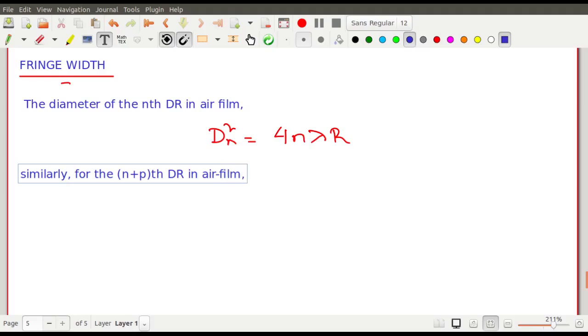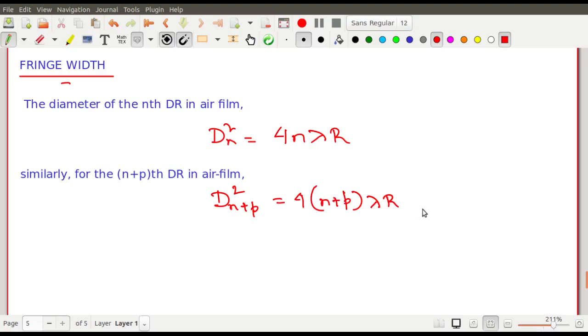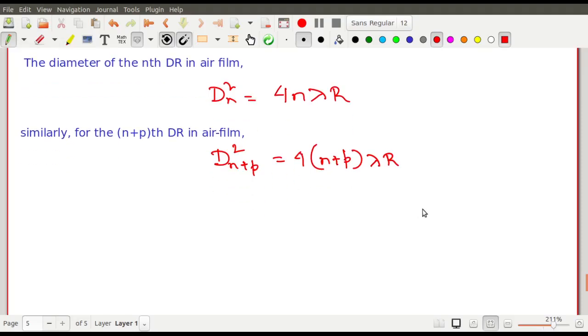So what happens for the n plus pth? You may write d(n+p) whole square equals 4 times (n plus p) lambda r. Right? Nth dark ring and n plus pth dark ring, I get it over here. But not n plus pth, I'm sorry, because I am calculating the fringe width. Fringe width means the next one.